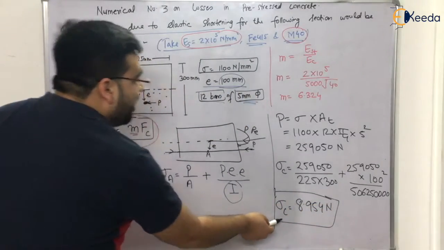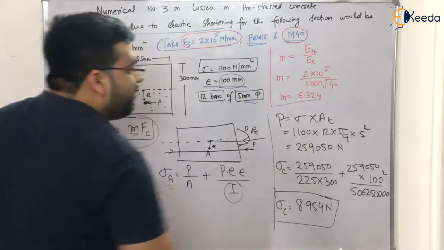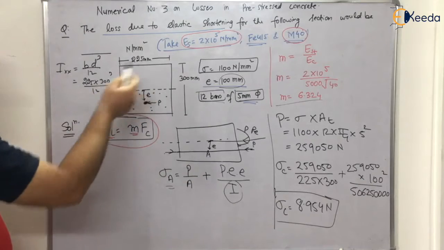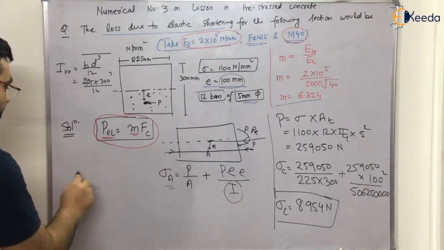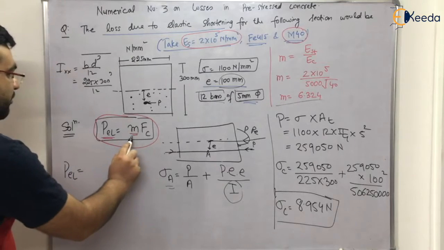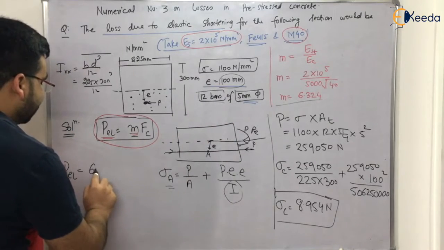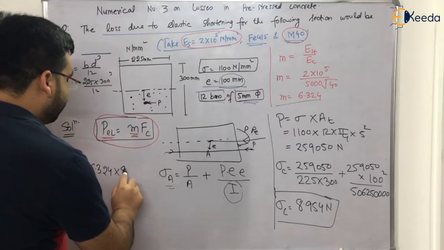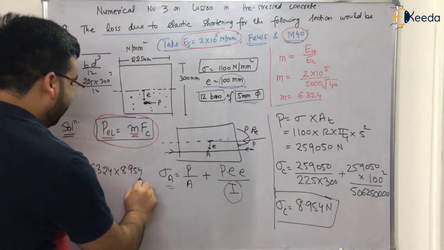Now what I have to do is multiply it with the modular ratio to get the losses. So the loss equals modular ratio 6.324 into 8.954.